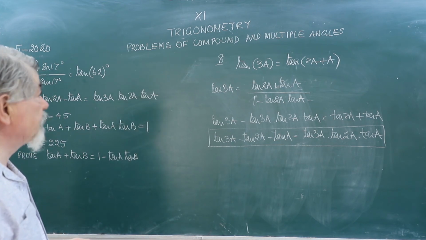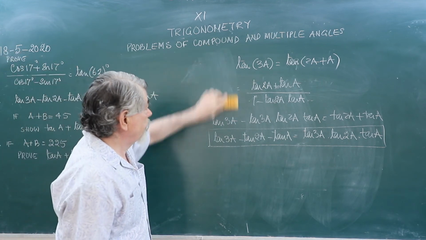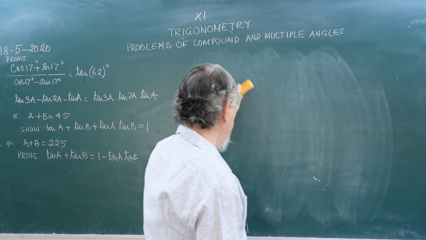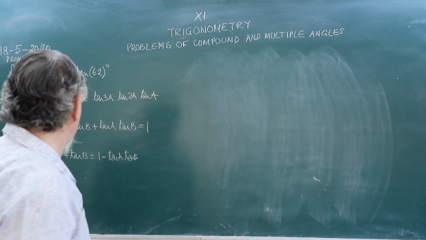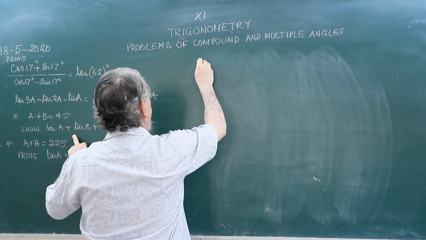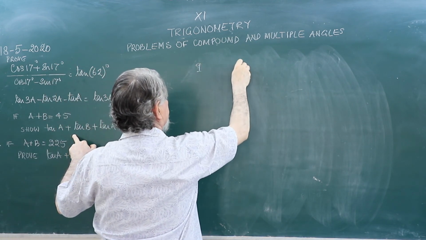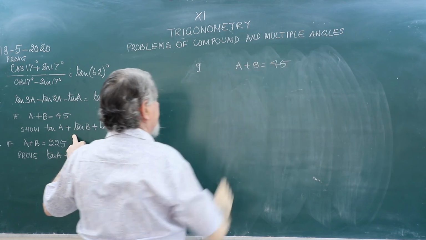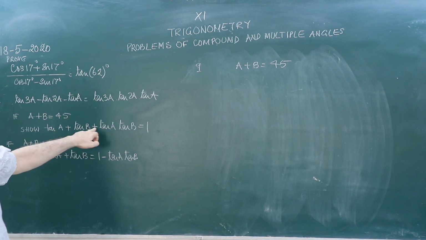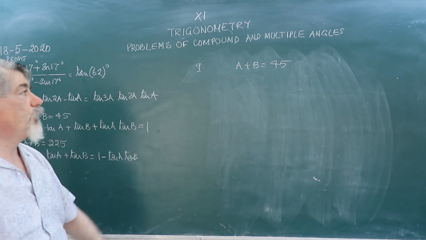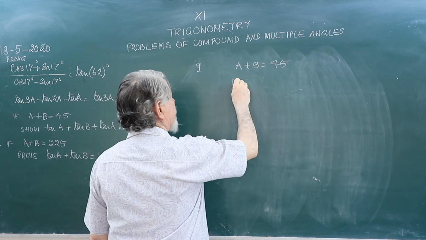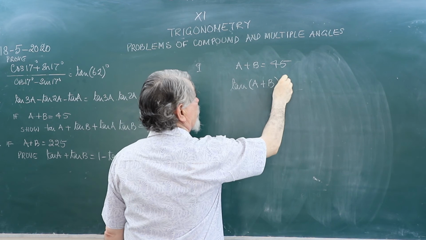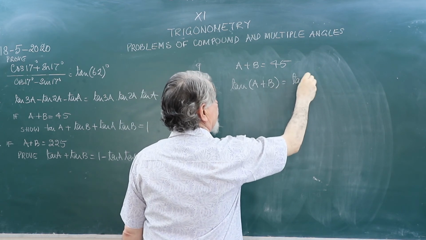Now the next question is, if a plus b is 45, he says prove the following. We have to prove tan a plus tan b plus tan a tan b is equal to 1. Now let us see tan(a + b) will become tan 45.